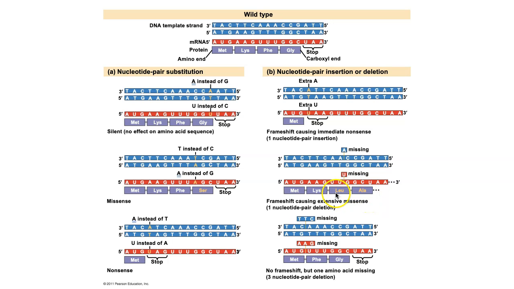So the third codon should read UUU, and instead it reads UUG, because G would be the next one. So since this U was taken away, all of this shifts. So this G becomes part of this codon. And because of that, UUG codes for something else, leucine. So this one got messed up.